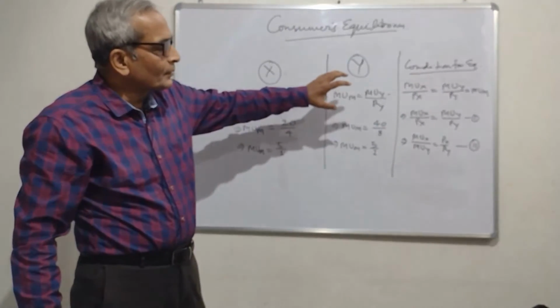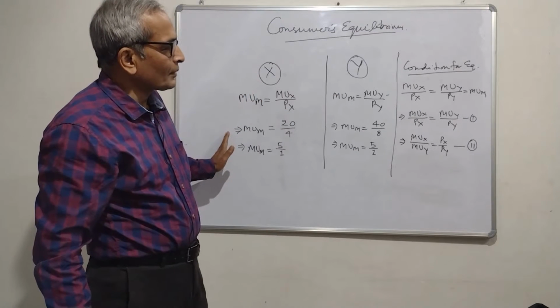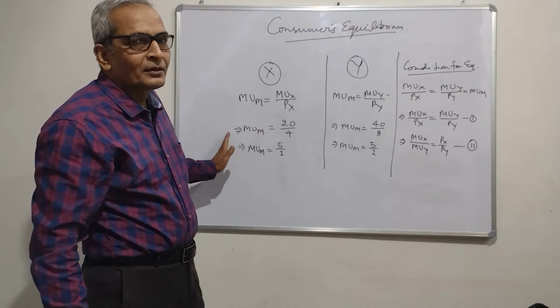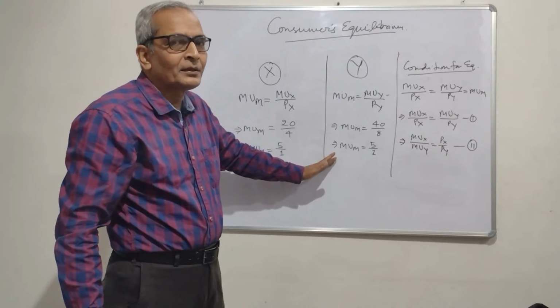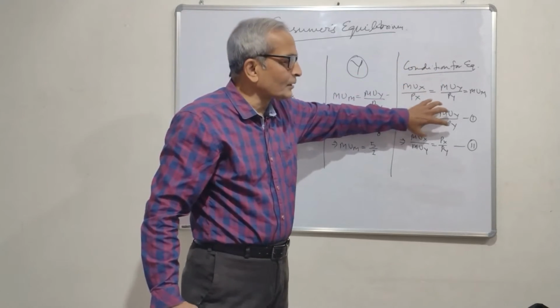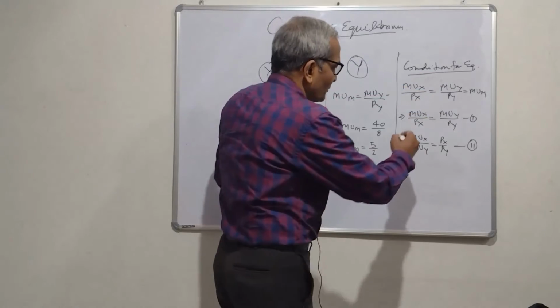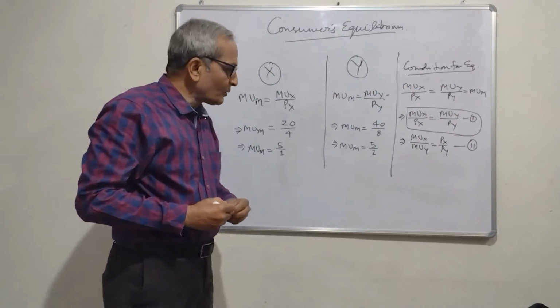So we have seen this derivation of marginal utility of money, and when we combine these two, we get this condition for equilibrium, this one.